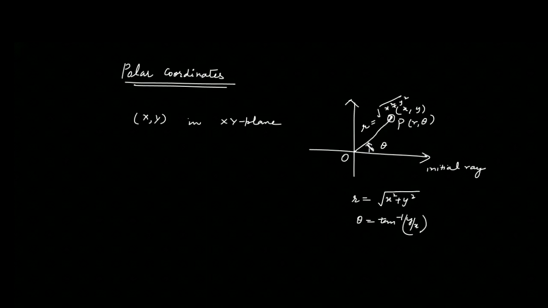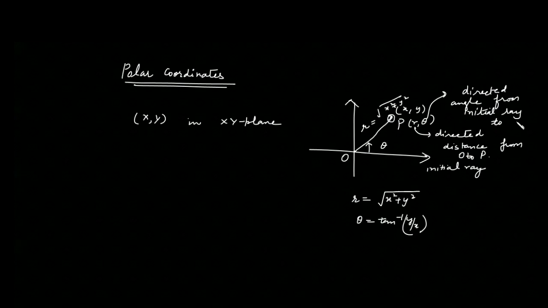Here this r is a directed distance from the pole O to the point P, and this theta is the directed angle from the initial ray to OP, right?